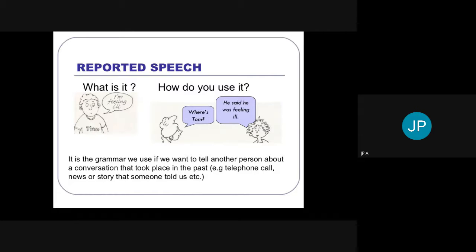So I am feeling ill has changed into he was feeling ill. So what is reported speech? It is the kind of grammar, the kind of language that we use if we want to tell somebody else about a conversation. ഒരാൾ സംസാരിച്ചതിനെ കുറിച്ച് നമുക്ക് വേറൊരാളോട് പറയണമെങ്കിൽ യൂസ് ചെയ്യുന്ന the kind of language, the kind of grammar is called reported speech.